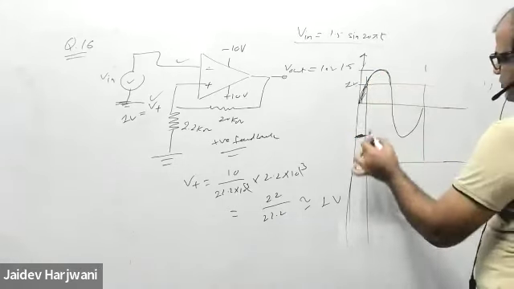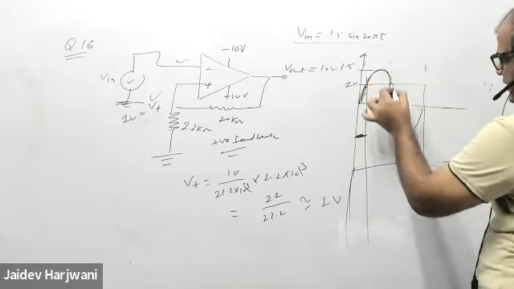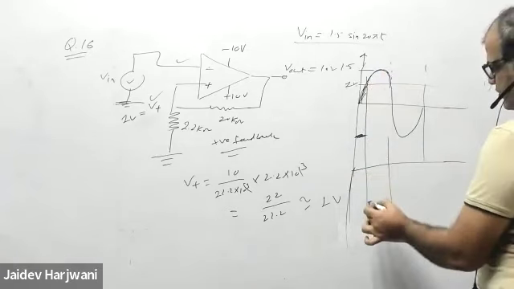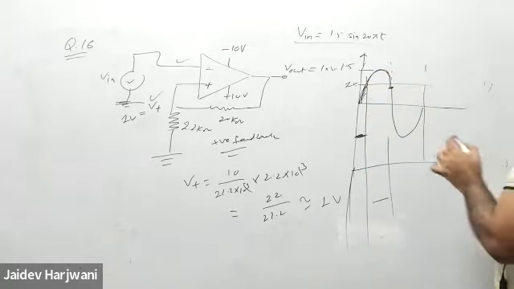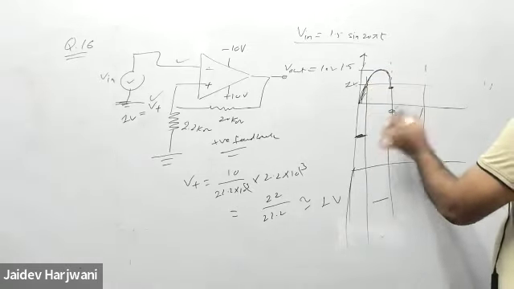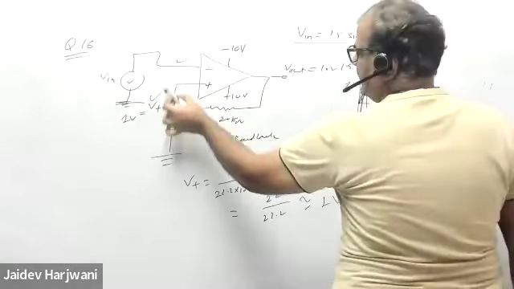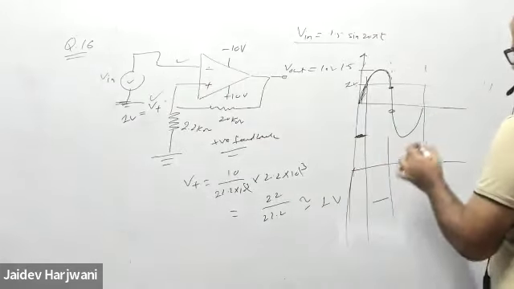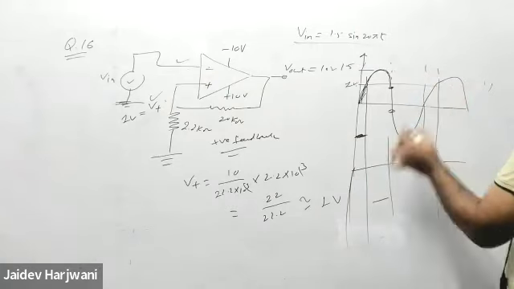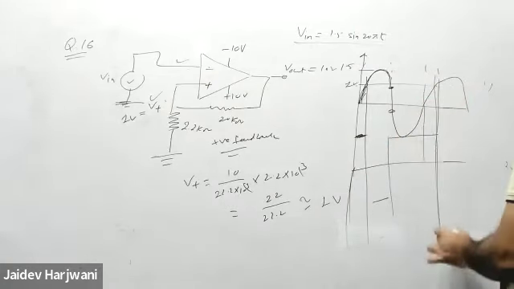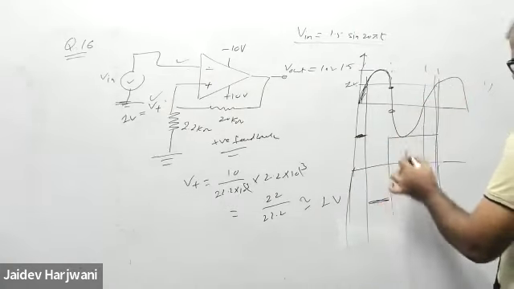Here negative is more, up to here negative is more. Here positive is more. And here this negative becomes negative, so positive minus negative becomes positive. So this will always come like this, up to here it will come positive.